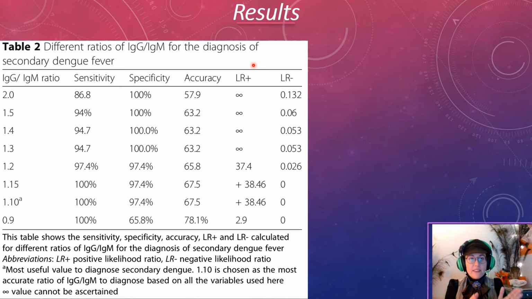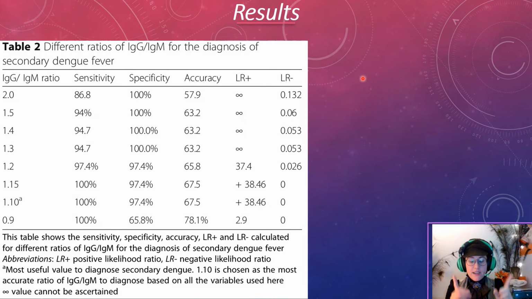Now, when comparing the IgG to IgM ratios for the diagnosis of secondary dengue fever, the researchers were able to conclude that a 1.10 IgG to IgM ratio was the best out of all the ratios that they looked at over a 5-day infection period, due to it having a sensitivity of 100%, a specificity of 97.4%, and a 38.46 positive likelihood ratio.